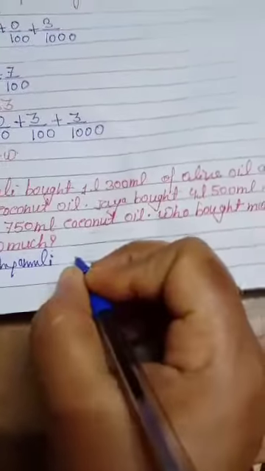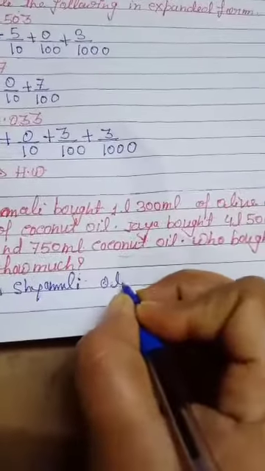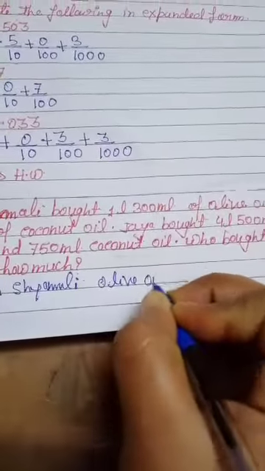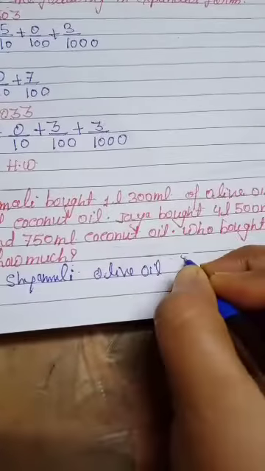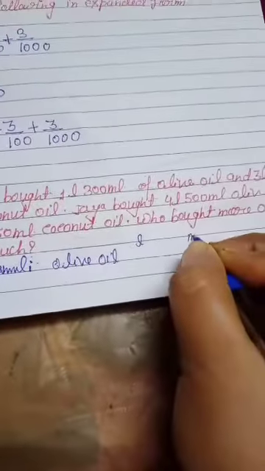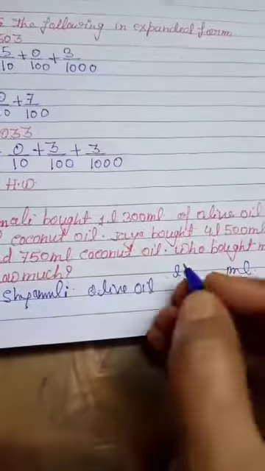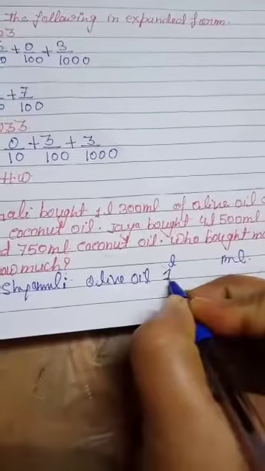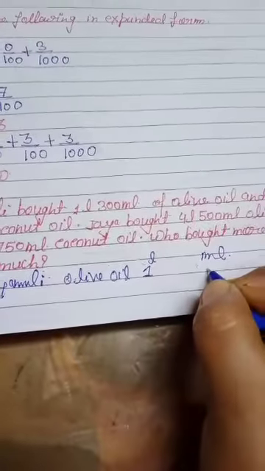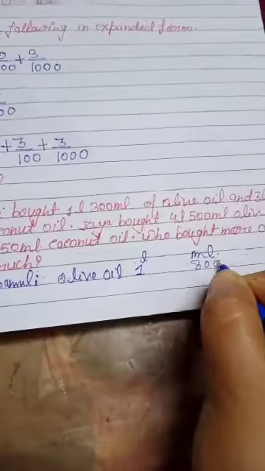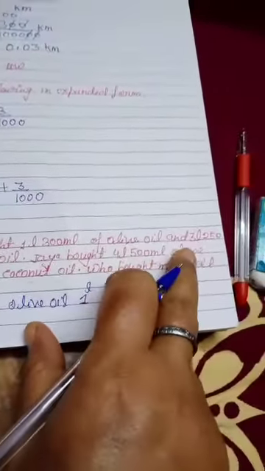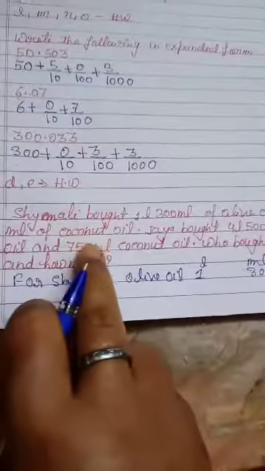First she took olive oil. Here liter, here ml. You have done in earlier classes how we add them. 1 liter and 300 ml, and 3 liter and 250 ml of coconut oil.